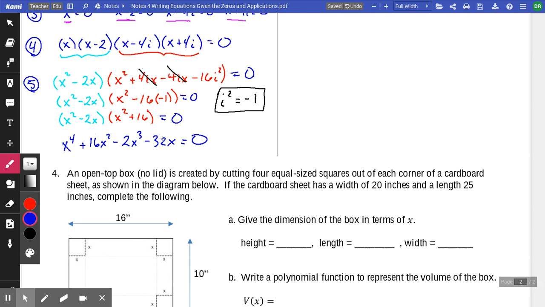This is actually perfect. The only thing that we could do better is put our terms in order. Notice the x squared and the x to the third are out of descending order. And so that's the last thing I'll do here, is write it as x to the fourth minus 2x to the third plus 16x squared minus 32x.